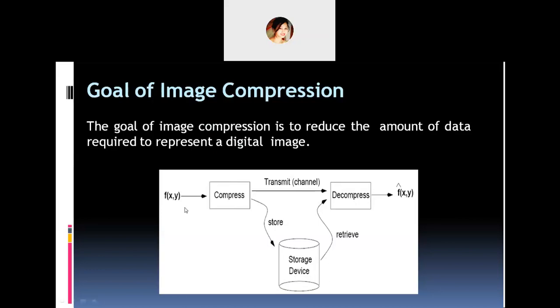This data is compressed before it is stored in the storage device, and for decompression it is retrieved from the storage device. Compression and decompression take place with the help of some transmission, also known as a channel. We have different types of channel, we'll discuss. So from compression to decompression we need a channel, and the storage device helps in storing and retrieving the information and data.